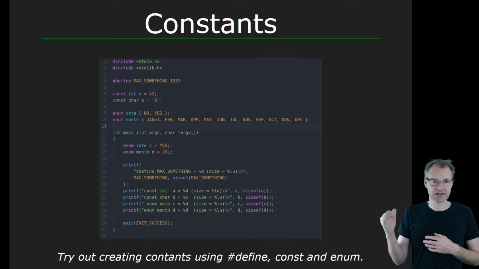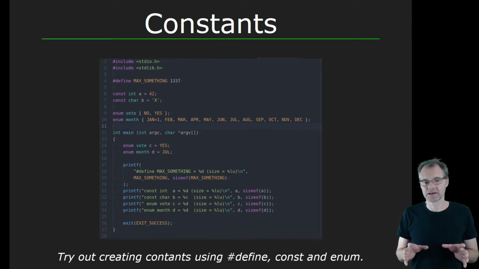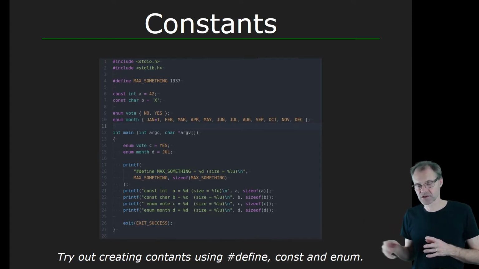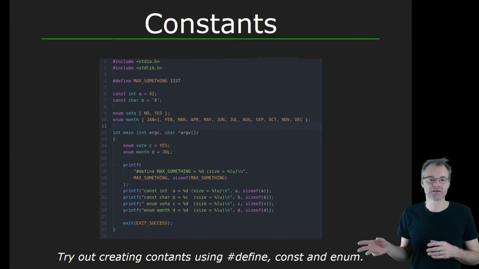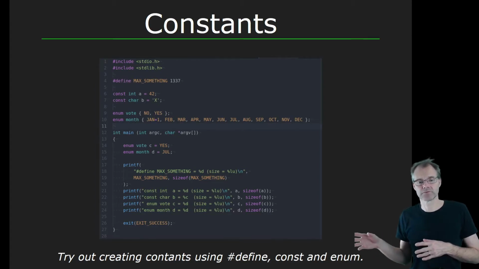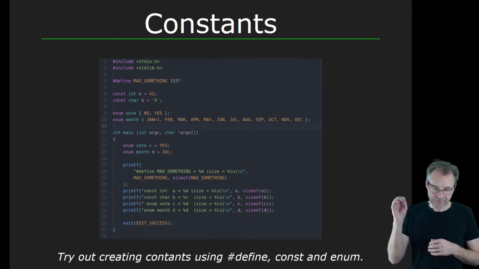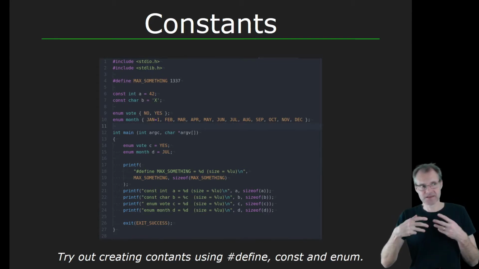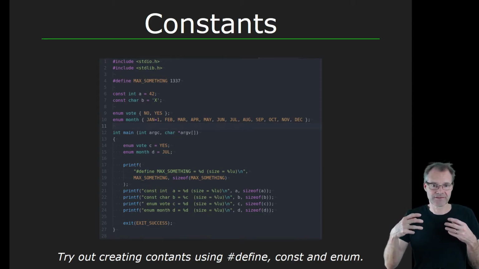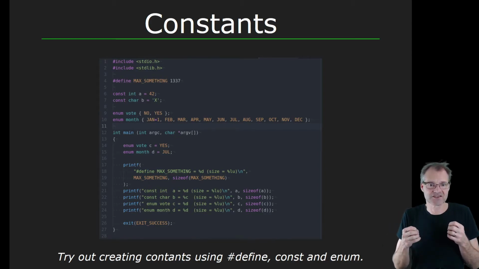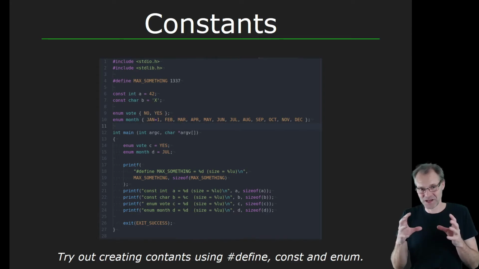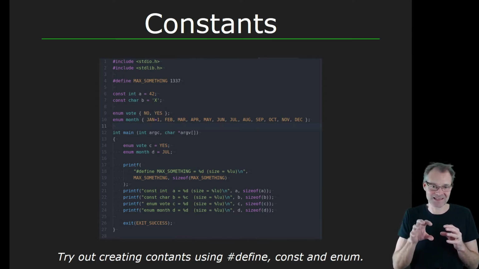And on the other line, I'm creating an enumeration variable month for enumerating all the months in the year, so January, February, March, April, and so on. I can use these strings when I'm writing my code, but the preprocessor will actually replace these strings with a value.